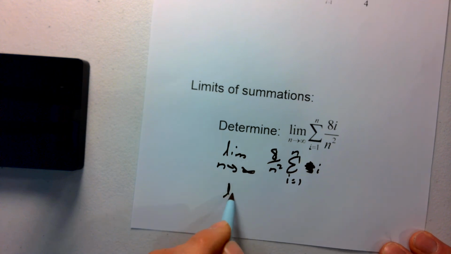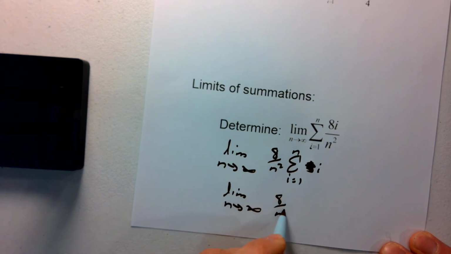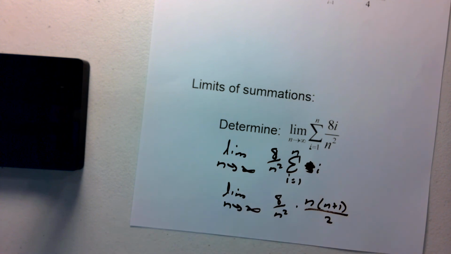So we can rewrite this as the limit as n goes to infinity of 8 over n squared times n times n plus 1 over 2. That's going to look very familiar because we just did it a few minutes ago.